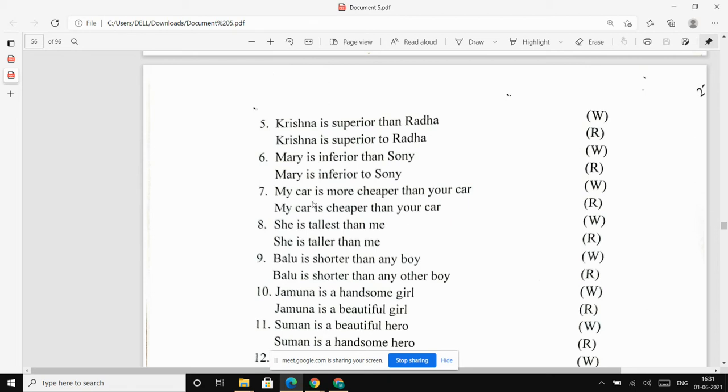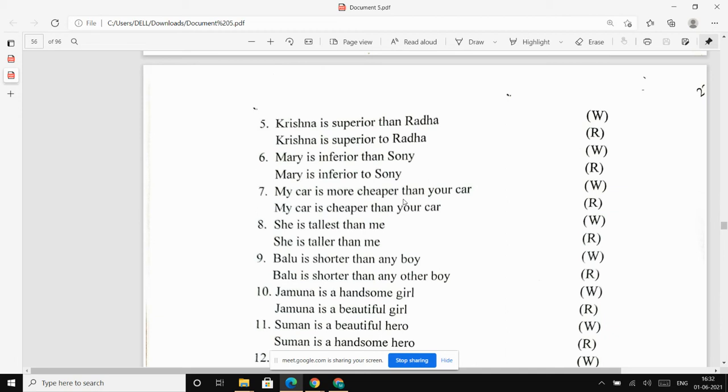Okay. My car is more cheaper than your car. My car is cheaper than your car. See here, cheaper itself indicates that it is a comparative form. There is no need to add another comparative, more, here. Sometimes they give double comparatives or double superlatives or double positives in a sentence.